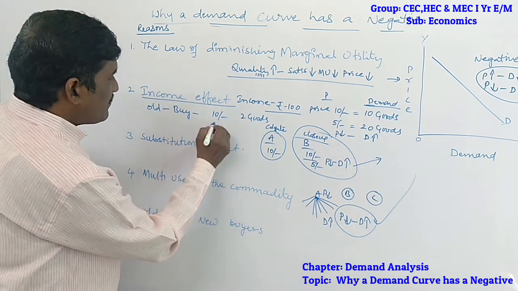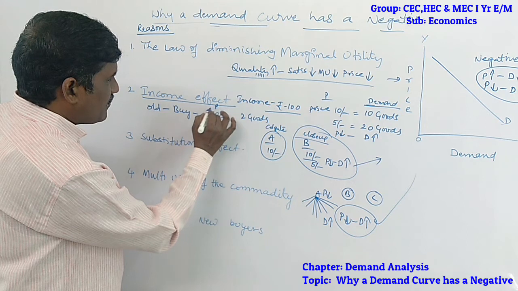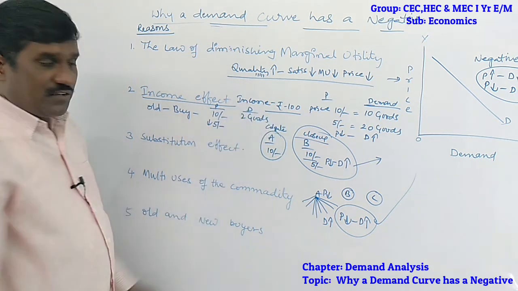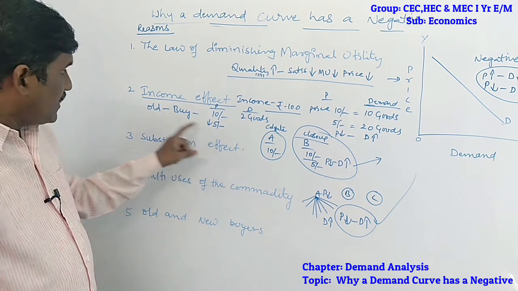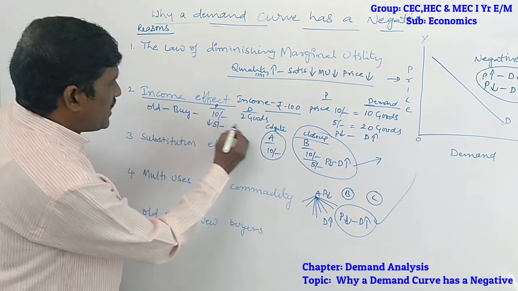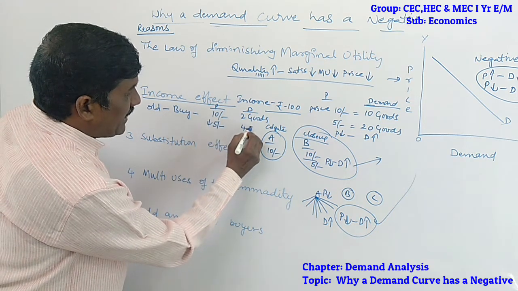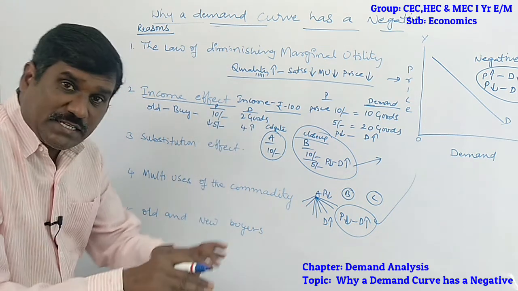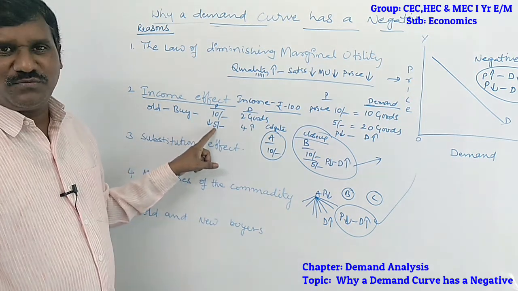If the price of the commodity decreases, this is price, this is demand, and the old buyers now purchase how many? 4. Price decreases, demand increases, and the new buyers will also be attracted to purchase the decreased-price good.